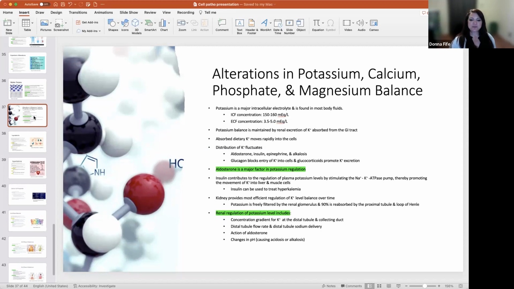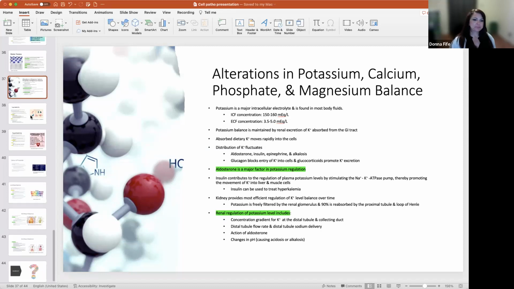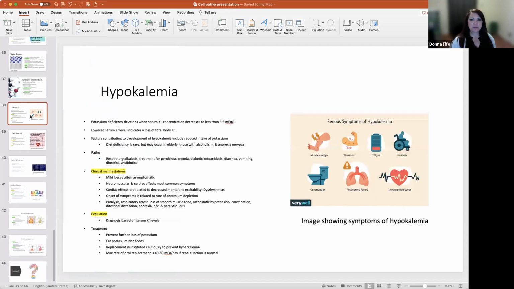Renal regulation of potassium: concentration gradient of potassium at the distal tubule and collecting duct, the distal tubule flow rate and distal tubule sodium delivery, the action of aldosterone, and changes in pH causing acidosis or alkalosis. Hypokalemia, a potassium deficiency, develops when the serum potassium concentration decreases to less than 3.5.